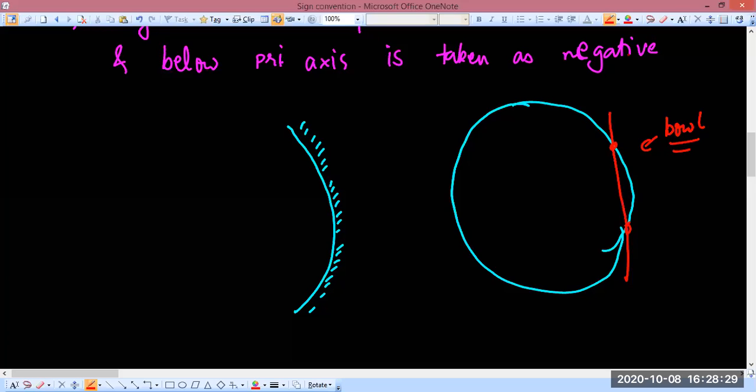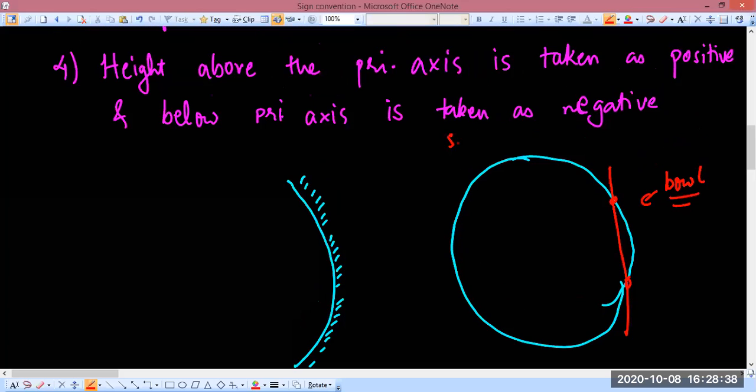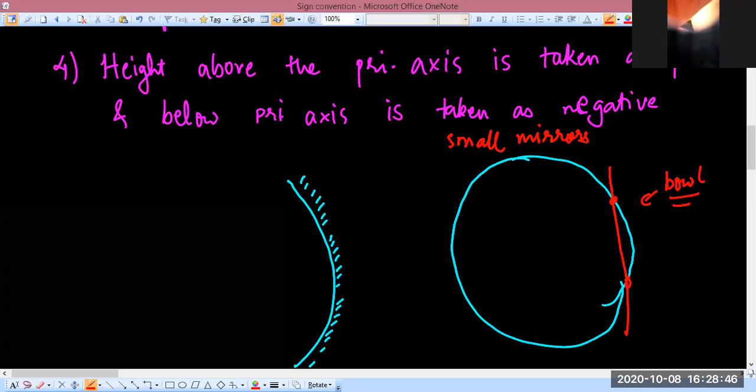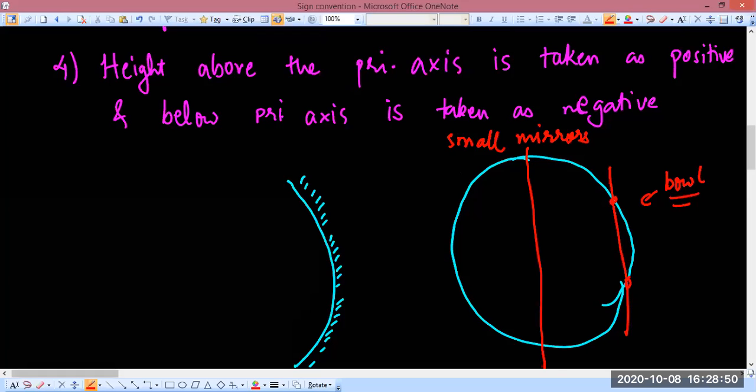Yes, but see, generally when we are talking about such mirrors, we are normally talking about small mirrors. Okay, we are normally talking about small mirrors. So it is not cut from the middle, right. What I mean to say is we are not going to study mirrors cut this way. Understood? We are only going to study mirrors that are quite small.